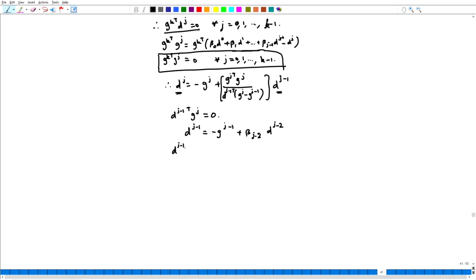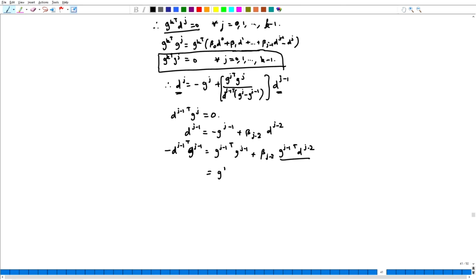So we have dj minus 1 transpose gj minus 1 is minus gj minus 1 transpose gj minus 1 plus beta j minus 2 gj minus 1 transpose dj minus 2, and this is 0 as well, by the same formula.